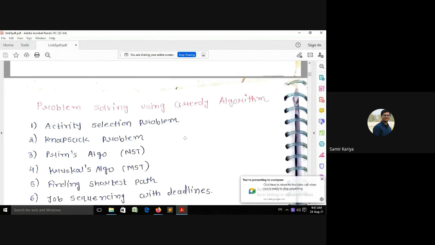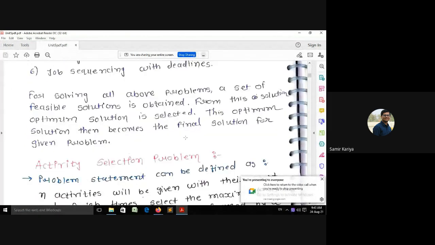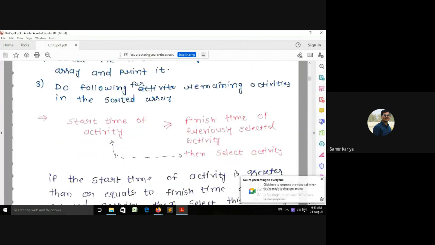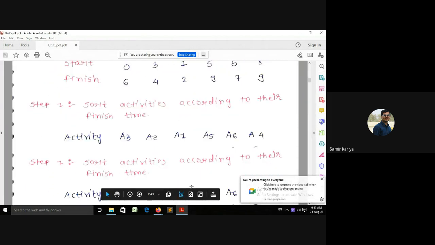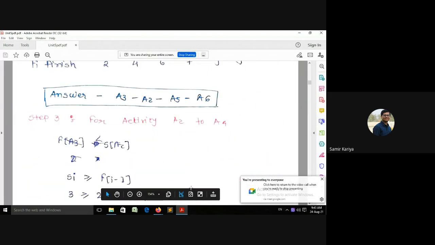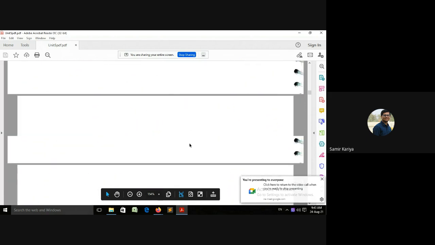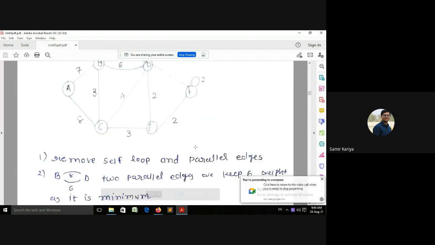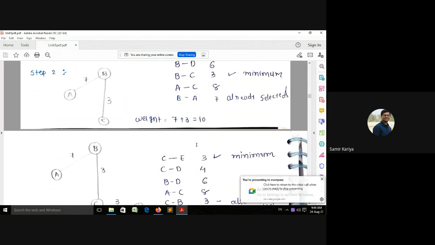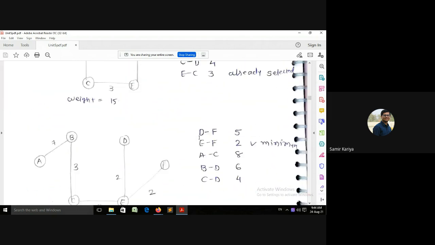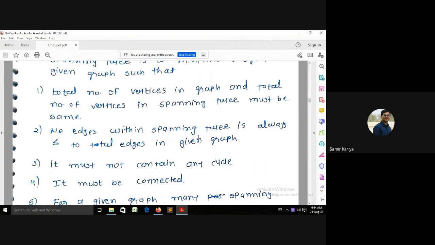Now the next one is Dijkstra. Prim's algorithm and Kruskal's algorithm, those minimum spanning tree algorithms, we discussed before the mid exam.